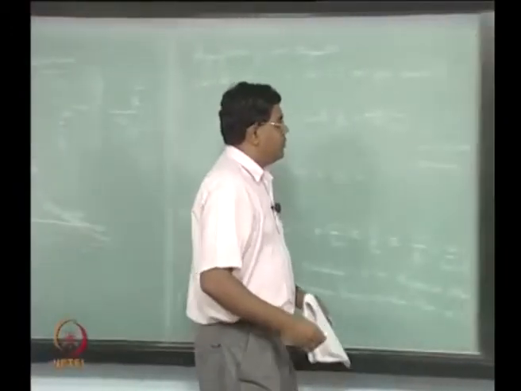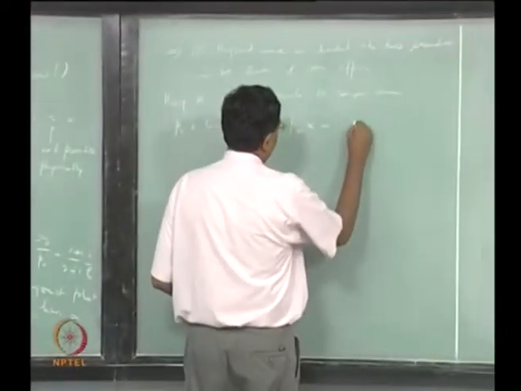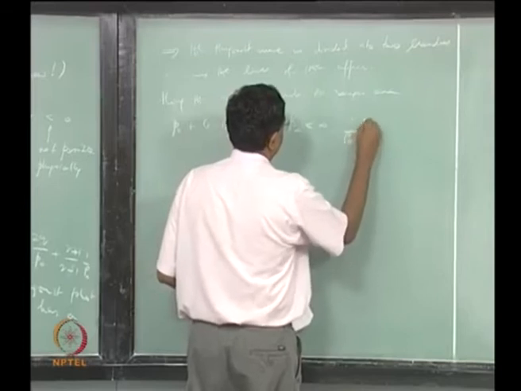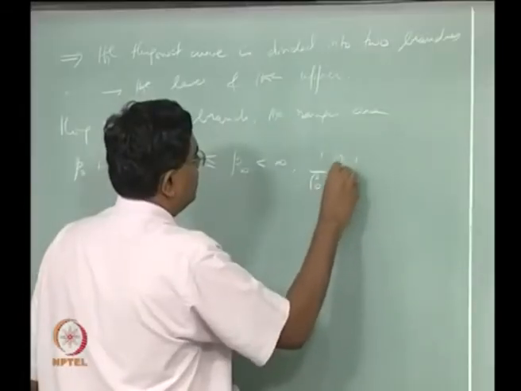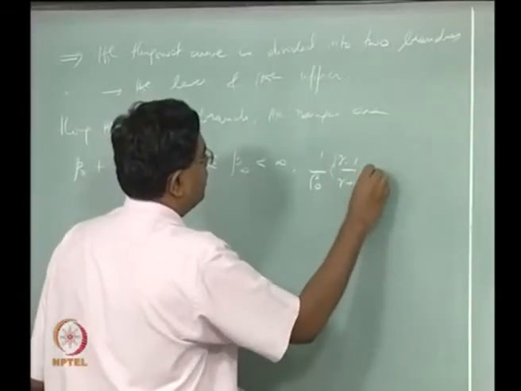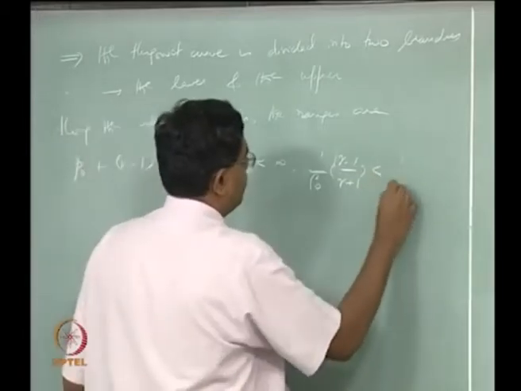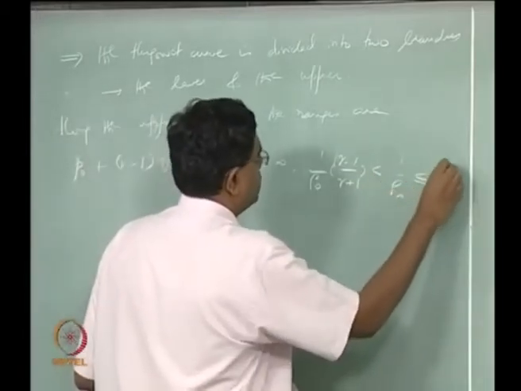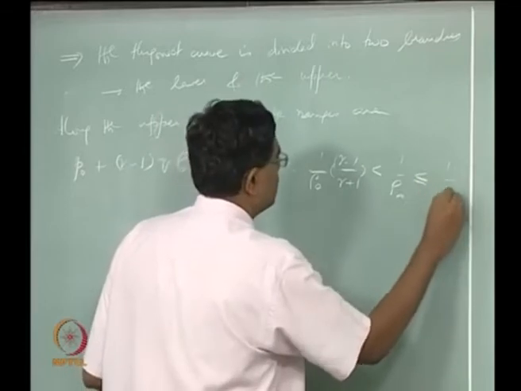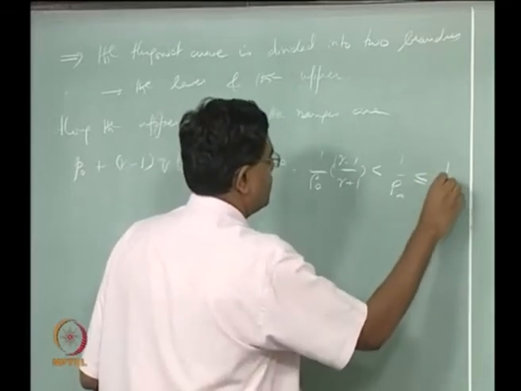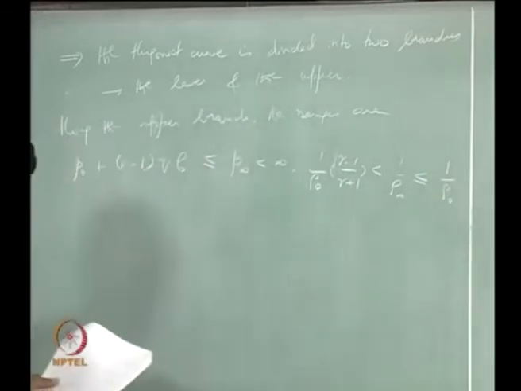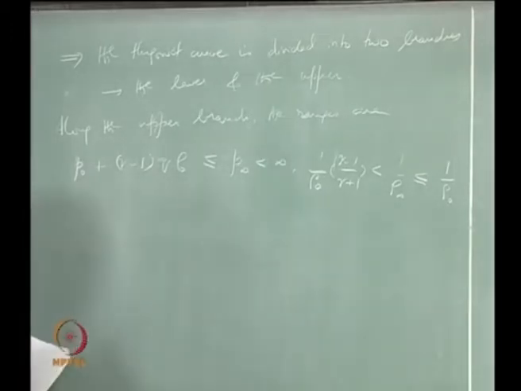So again we can write 1 over rho naught times gamma minus 1 divided by gamma plus 1 less than 1 over rho infinity less than or equal to 1 over rho naught. That's the range for 1 over rho infinity along the upper branch.